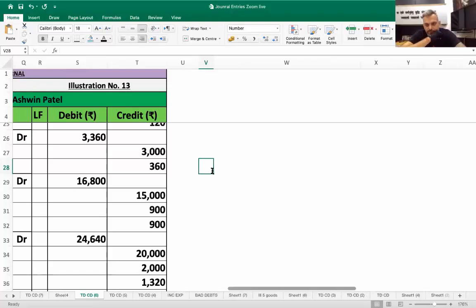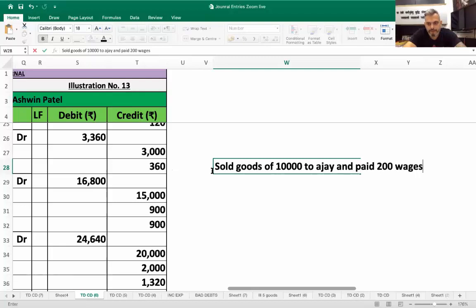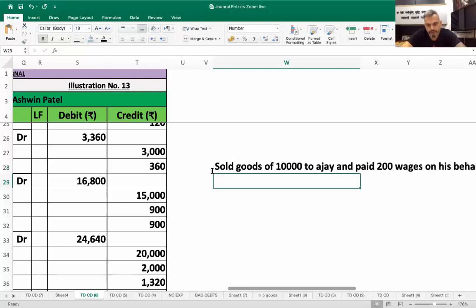Now see, this is generally when we sell goods, okay? Say for example, sold goods of rupees 10,000 to Ajay and paid 200 wages on his behalf. Right? Is this transaction okay now?